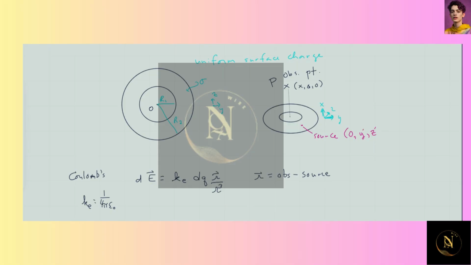I'm going to put primes on those because when we find our total electric field, which comes about through superposition, we are going to have to integrate over the source points. So we're really using superposition with the idea that the number of points creating the electric field are infinitesimal and all buried in that source.